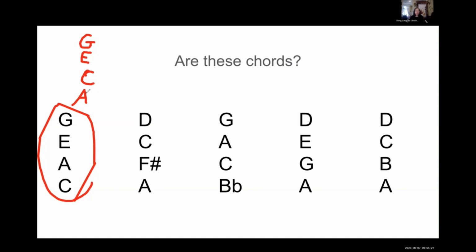Okay, the naming of a chord is going to take an entire 2 hours, so don't worry about it. Just know that when you see a whole bunch of things like this, you have to unscramble it to find the original position in order to name your chord. Is this a chord?